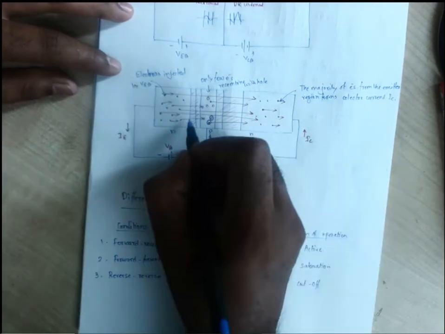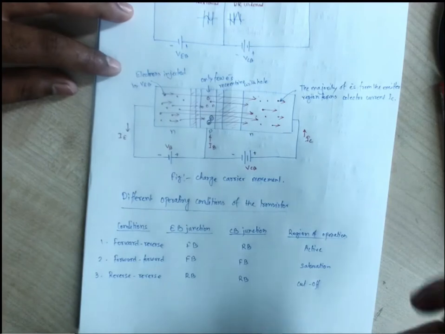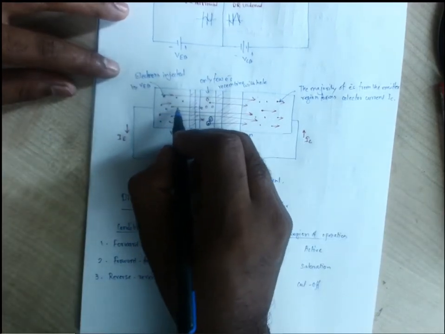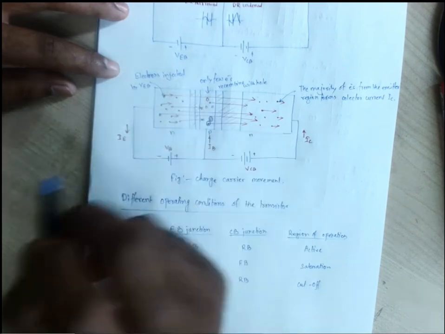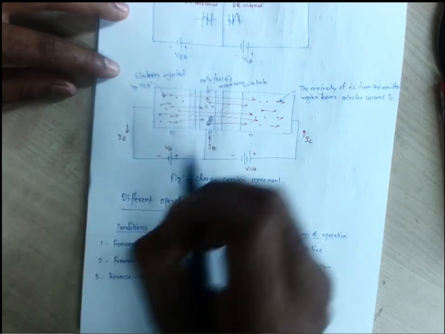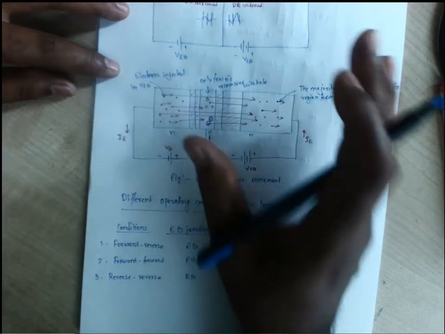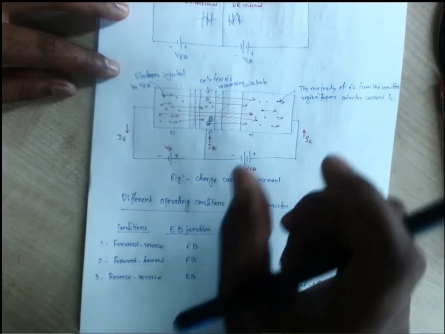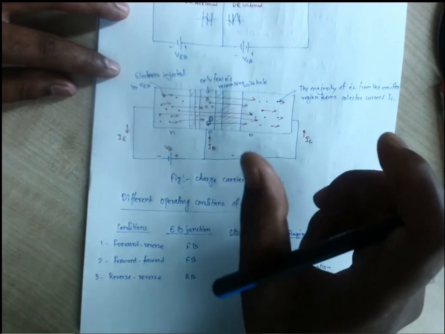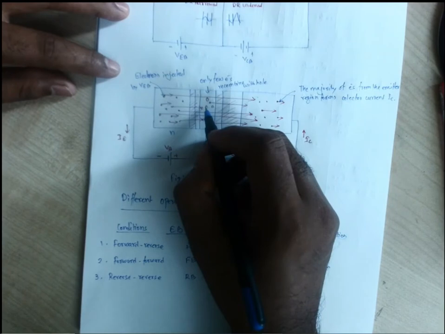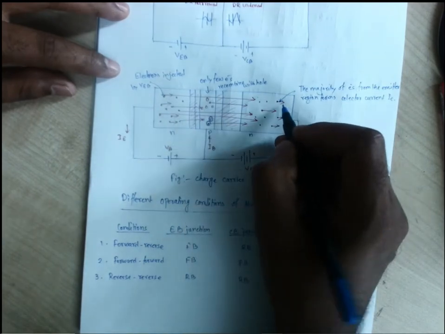Just try to understand, this depletion region is quite narrow. So the charge carriers injected into the emitter region can easily reach the base region. But the injected charge carriers now in the base region need to move across a wider region to move forward into the collector region.